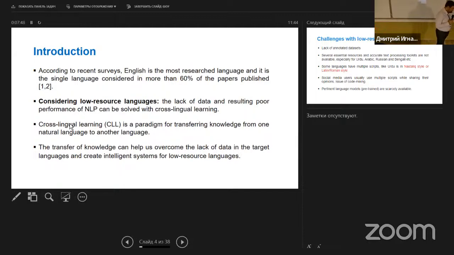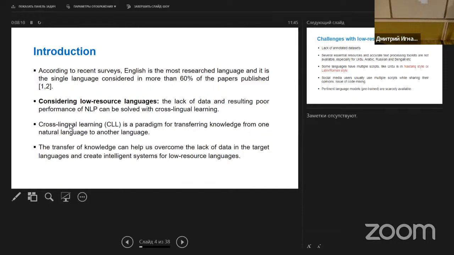One of the challenges is the lack of annotated datasets and the lack of tools for pre-processing. All these challenges result in poor performance of NLP models. That is the problem, that NLP models could not perform effectively with state-of-the-art performance.